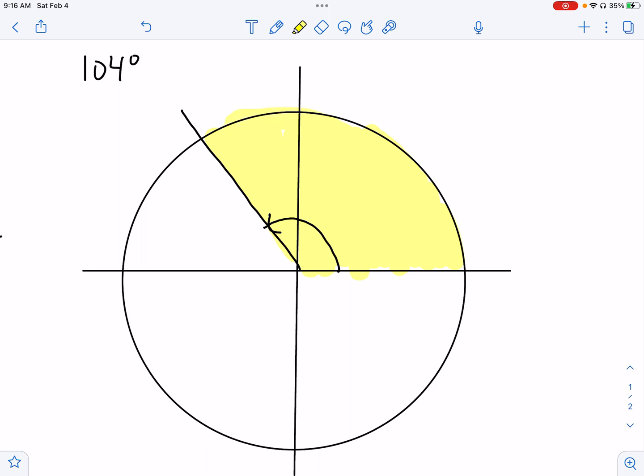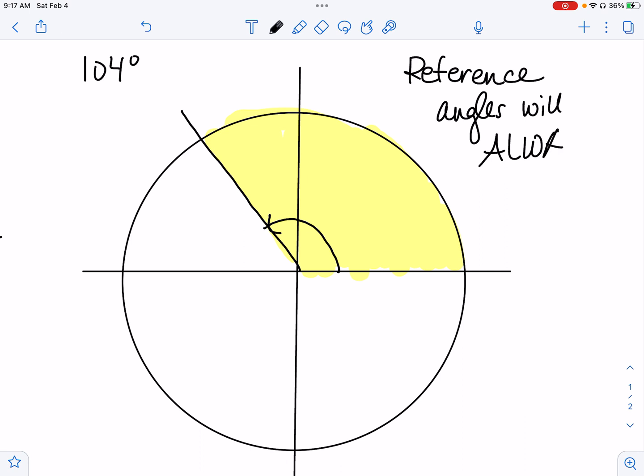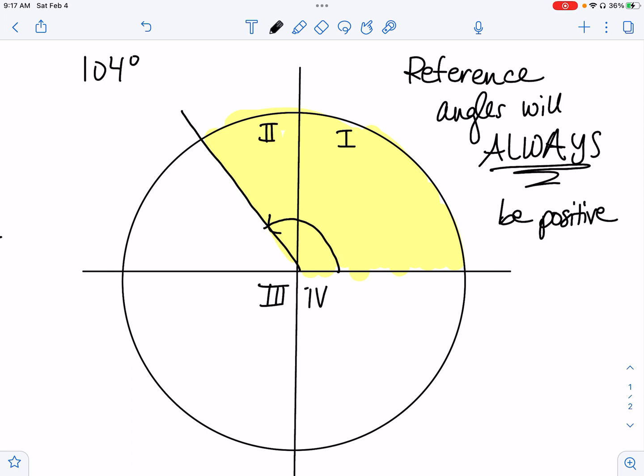You were okay when it was 104, but when you were asked to find a reference or a coterminal angle, that's where you struggled. A reference angle is how far you are from the x-axis. Reference angles will always be positive. That was an issue for many of you. So let's talk about quadrants again. Remember, this is quadrant 1, 2, 3, and 4.